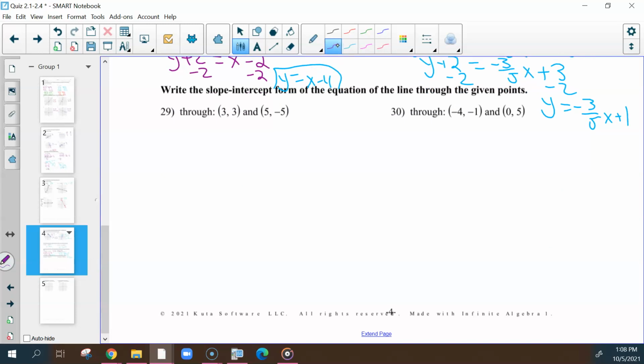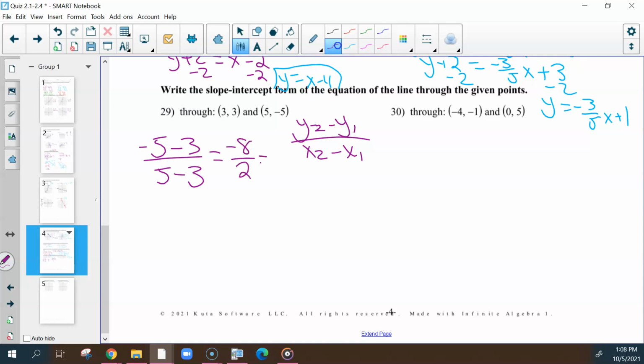And then for the last section, you needed to find your slope and then use that in your point-slope formula. So for this one, it would be negative 5 minus 3 over 5 minus 3, negative 8 over 2, or negative 4.